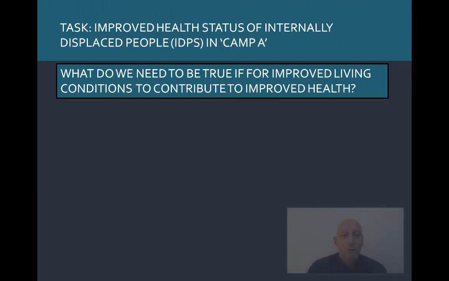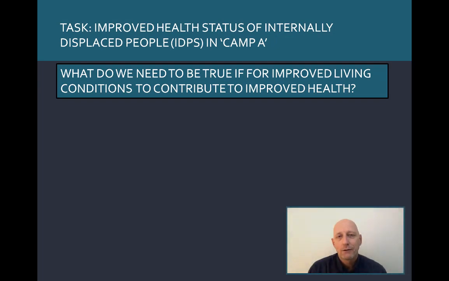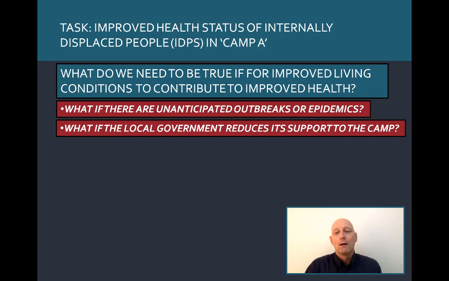If those assumptions are true, what could prevent improved living conditions contributing to improved health? There might be an unexpected outbreak, an epidemic, in which case the health status will not improve, even though living conditions did.